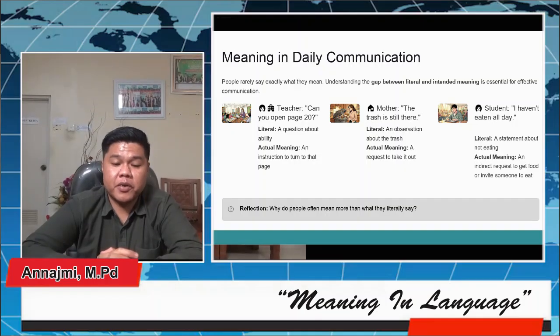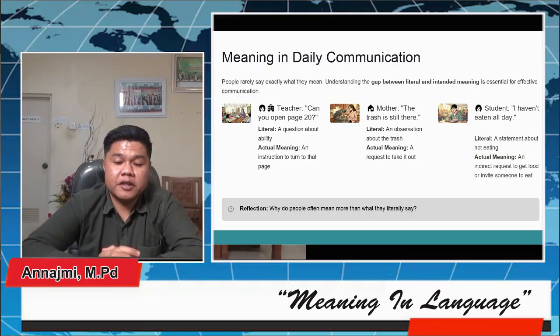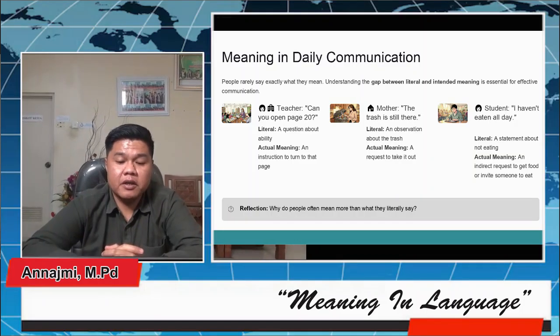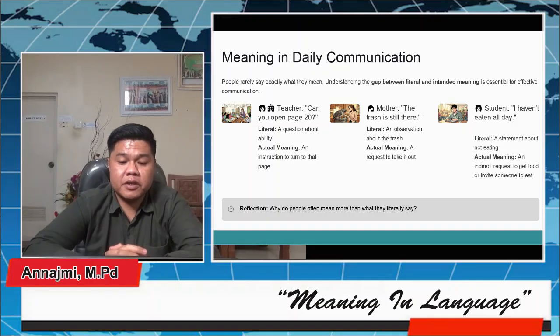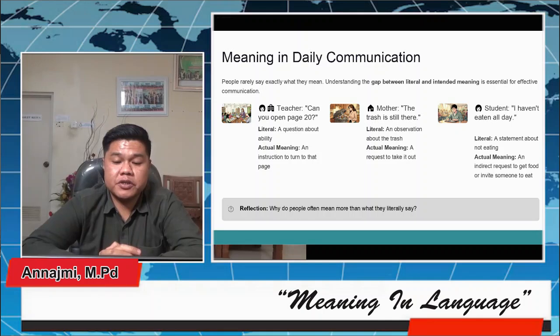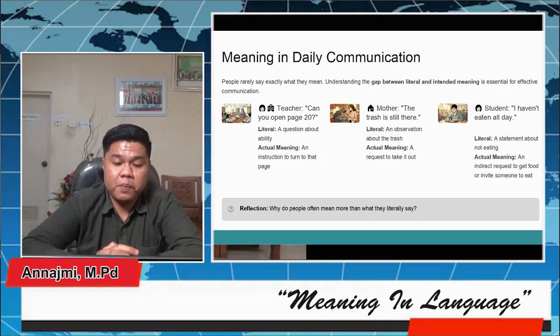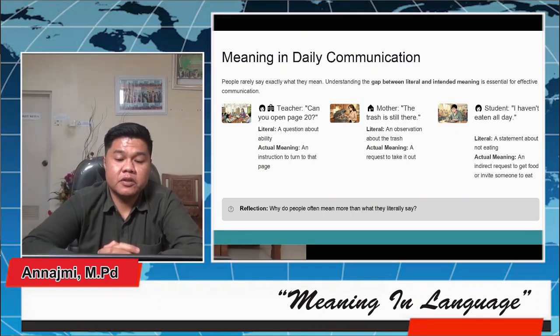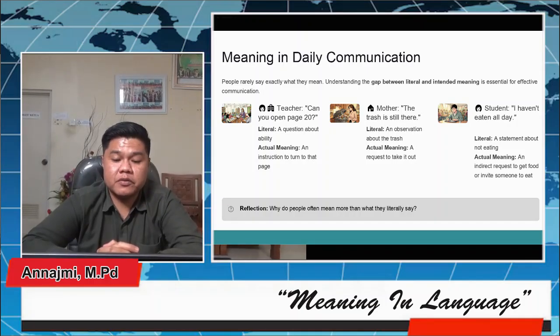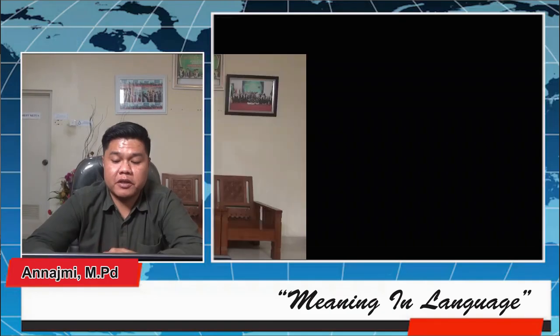And another example is, "I haven't eaten all day." Literally, this is information. Pragmatically, however, it may function as an indirect request for food or an invitation to eat together. These examples demonstrate that effective communication depends on our ability to infer intended meaning.